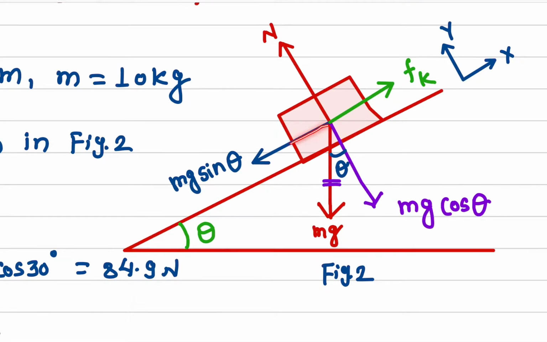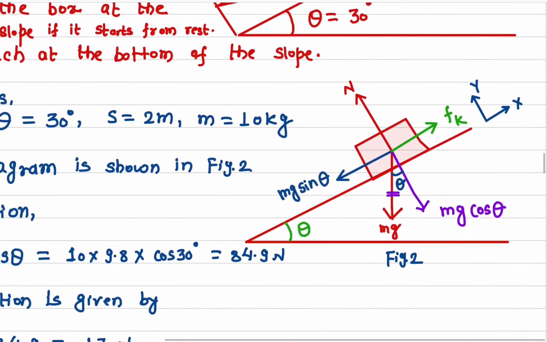As the object is trying to slide down along this direction, the friction force will be in the opposite direction, this way. That's the friction force. Here I'm calling this friction force Fk, and the k stands for kinetic friction. When the object is in motion, we call that kinetic friction.